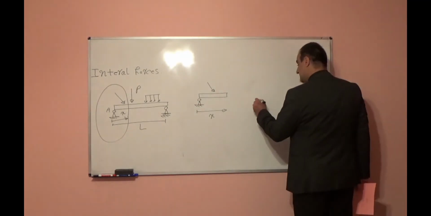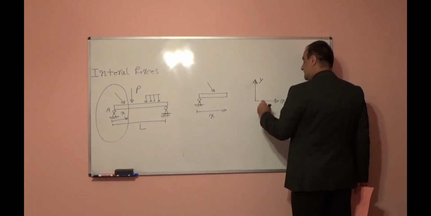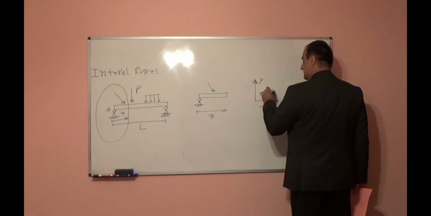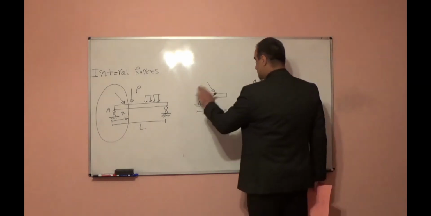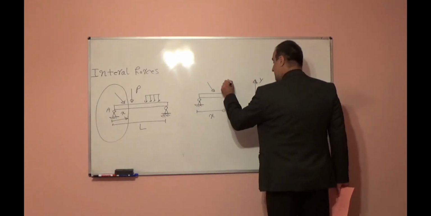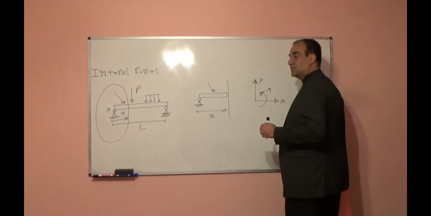It can move in the x direction, it can move in the y direction, or it can rotate. So, in order to satisfy equilibrium, I need to apply internal forces at the cut point.